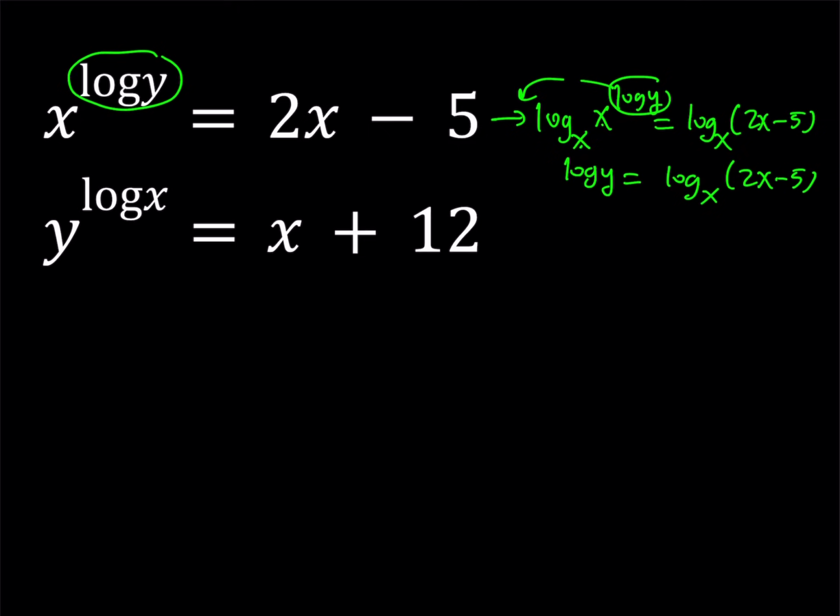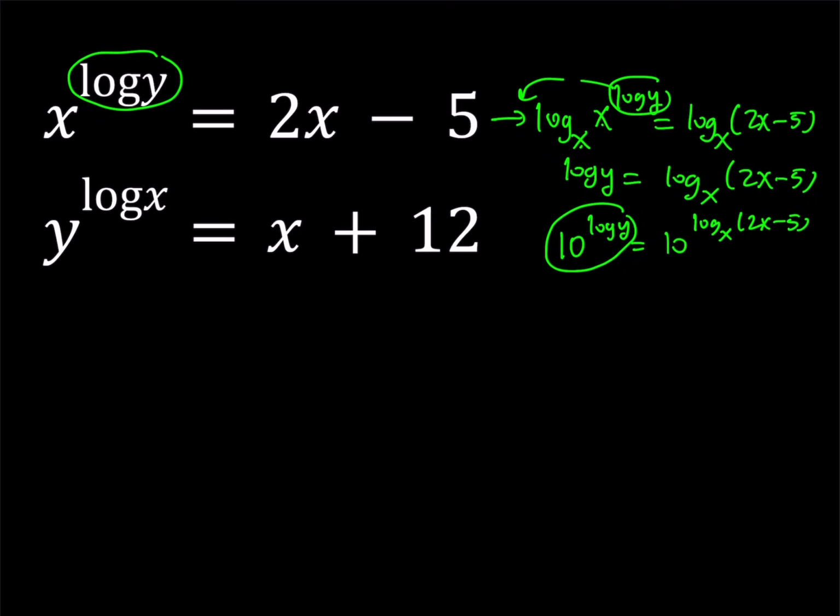Now, what we can do with that is replace the y with that, but we don't have a y, right? What do we have? We have log y, so why don't we just raise both sides, not to the 10th power, but 10 to the power of both sides. Okay, so 10 to the power log y is equal to 10 to the power of log base x of 2x minus 5.